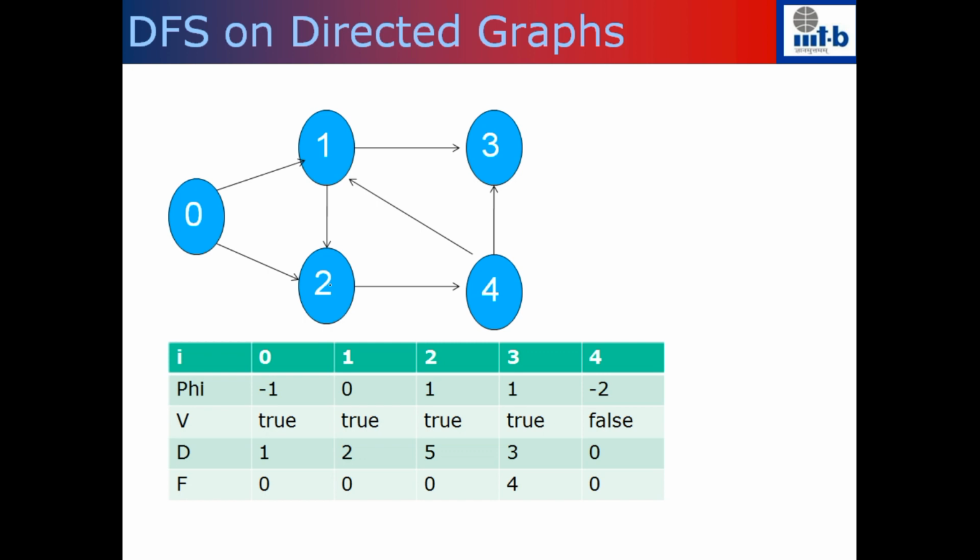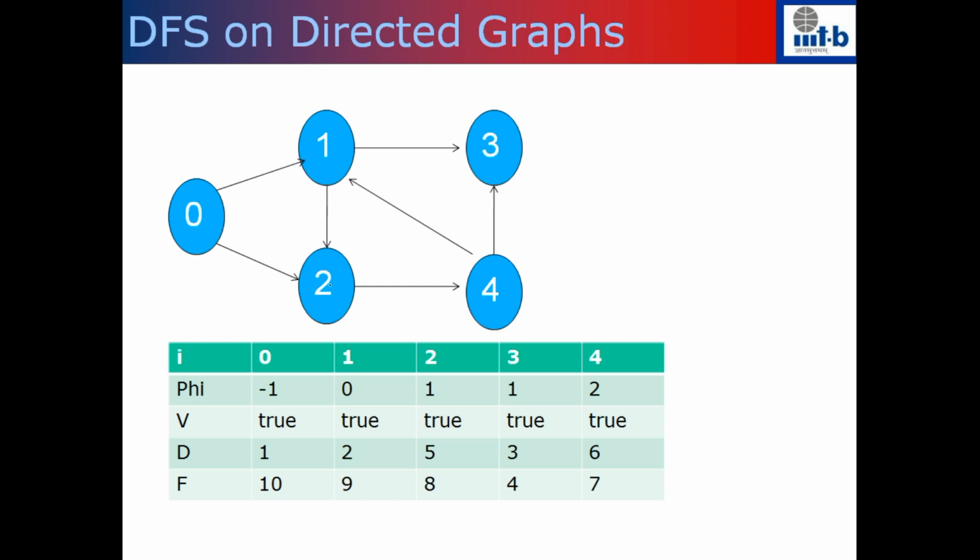Now when I go to 2, I look at the adjacent vertex. There is only one adjacent vertex. I call the DFS from that particular vertex, which is 4. The pi of 4 is set as 2, and then the flag of 4 turns to true, and the discovery time of that is 6. Now I have to look at the adjacent vertices of 4.